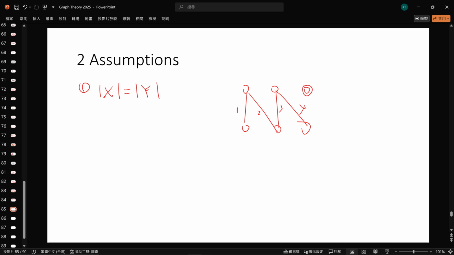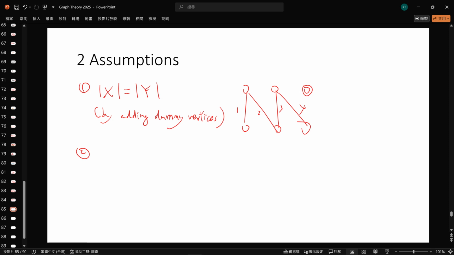This is a dummy vertex. Its purpose is just to make X and Y have the same size. So we can always assume that the size of X equals the size of Y.